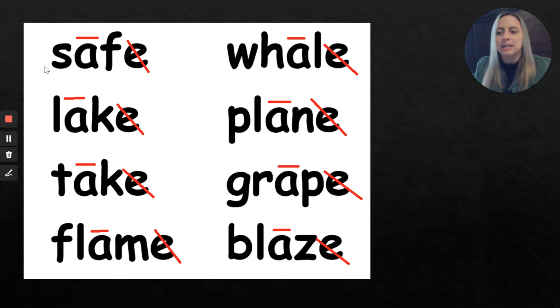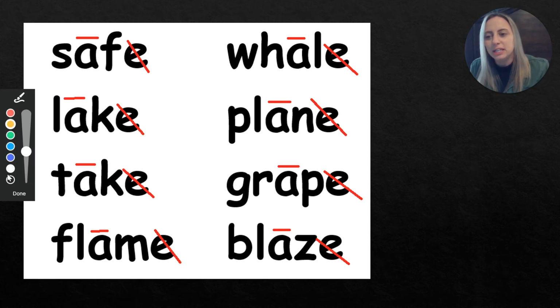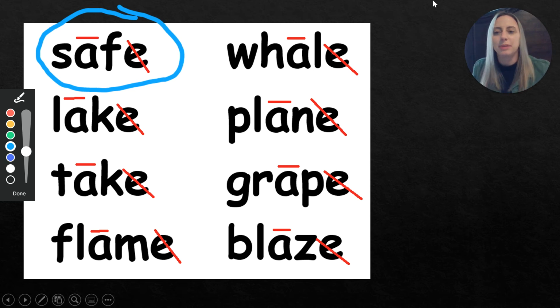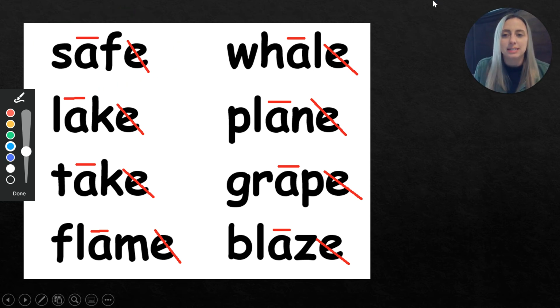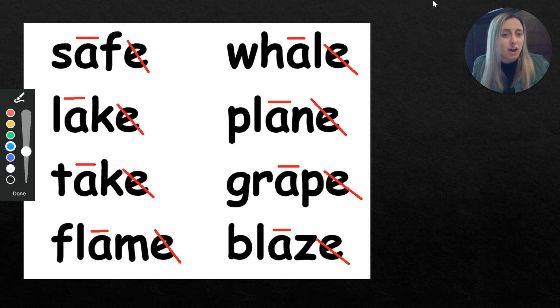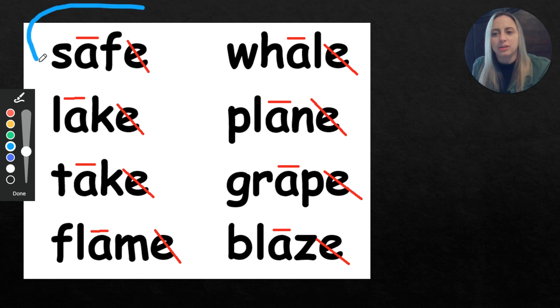Safe. Now here's what some kids might do in the beginning because they're still learning. Some kids will accidentally say saf. Is saf a word that we know? Nah, I must have done something wrong. So be flexible with your vowels. Look for that magic E at the end. Let's say it the correct way.